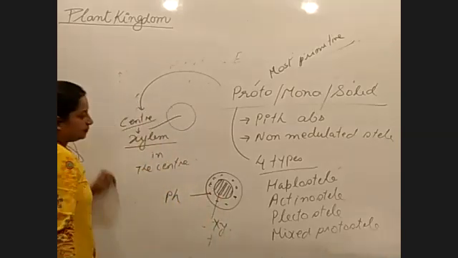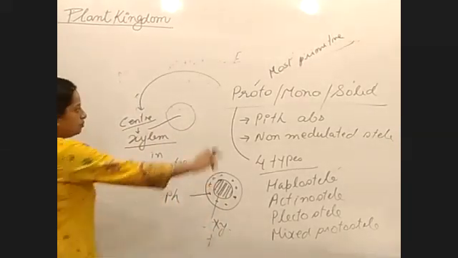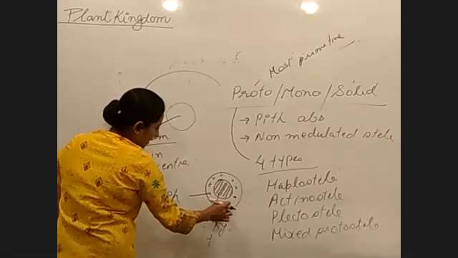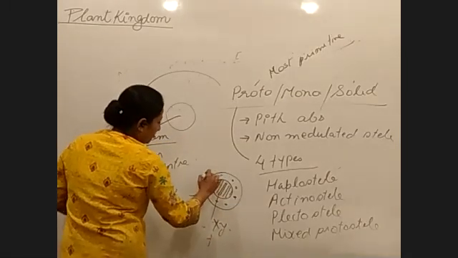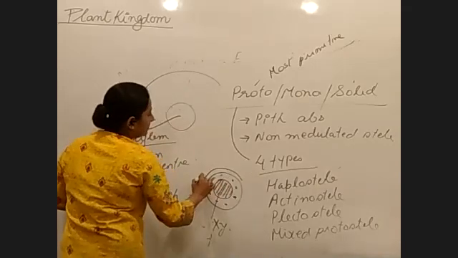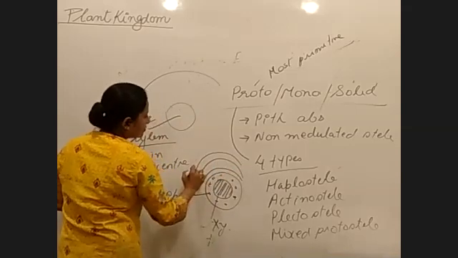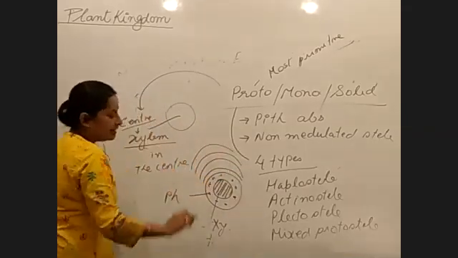Is the point clear? In protostele, xylem is in the center, xylem is surrounded by phloem, phloem by pericycle, pericycle by endodermis, endodermis by cortex, and cortex by epidermis. Is the point clear?